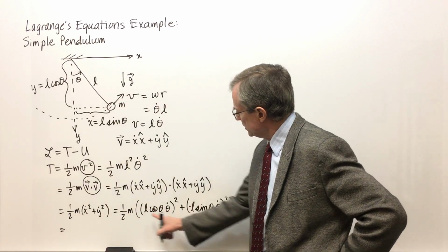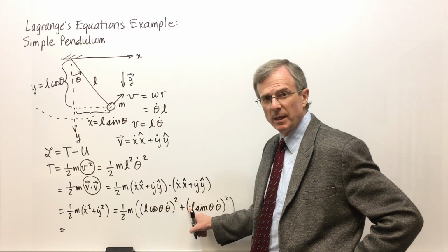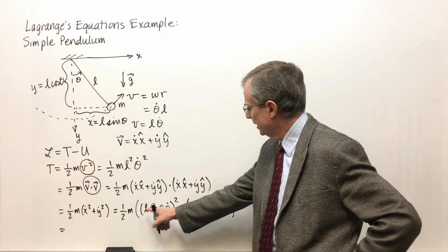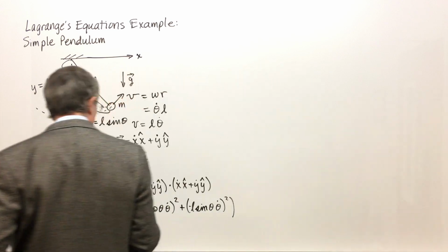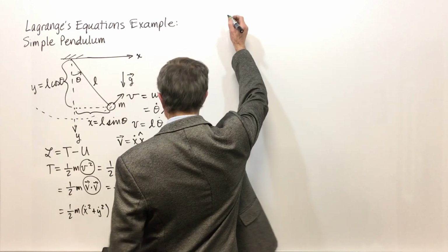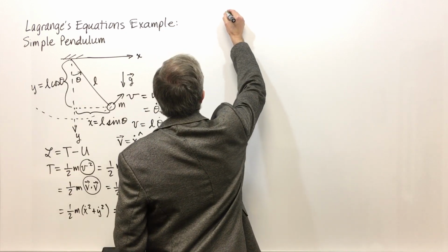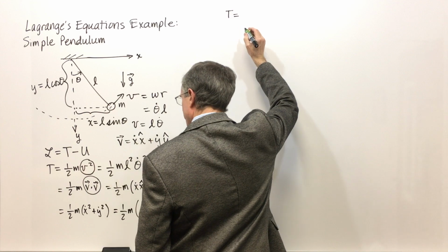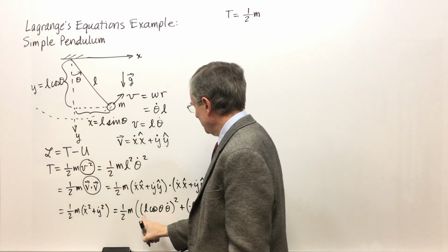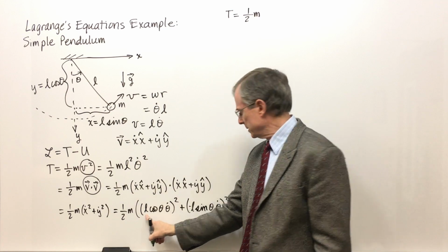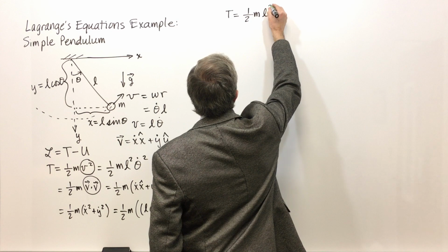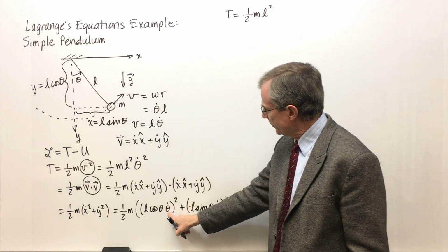Notice in both of these terms we have an L squared. This minus sign cancels. Well, minus sign squared becomes a positive sign. We have an L squared that we can take out. Do that up here. One half m. I'm going to factor out this L squared here and here. I also have a theta dot.